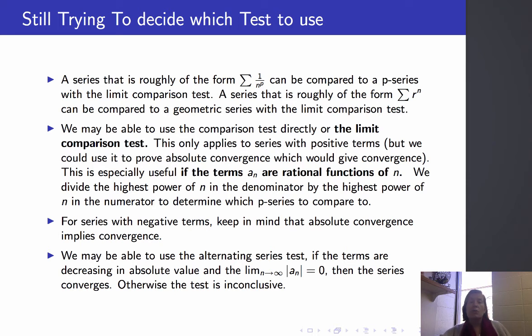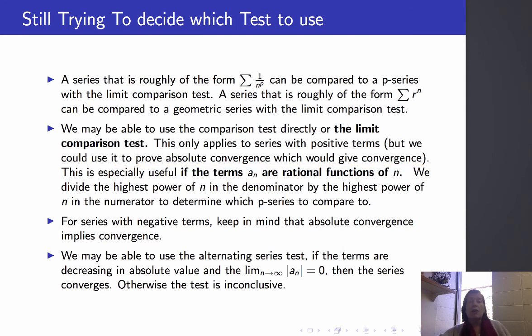When using the comparison test, we can use either the direct comparison test or the limit comparison test. Both of these only apply to series with positive terms, but if a series has negative terms, then if we can prove that the sum of the absolute values converges, then the series converges.